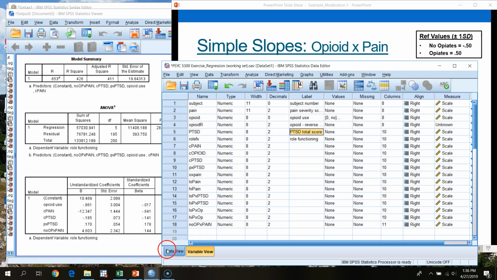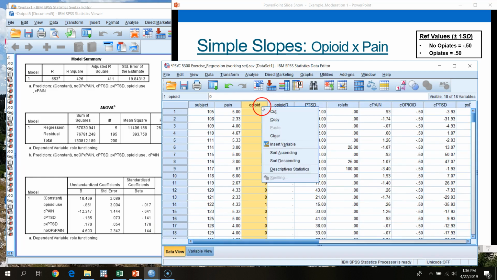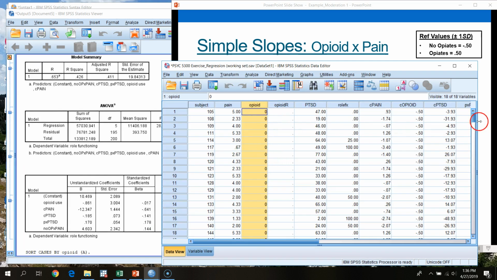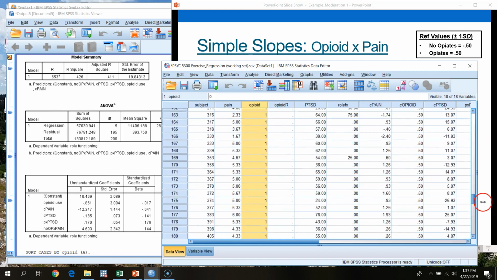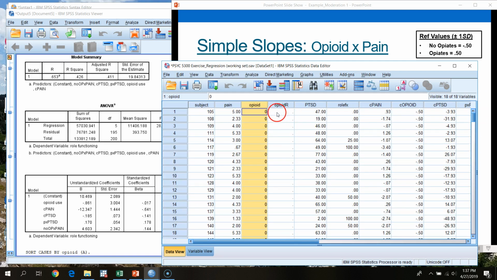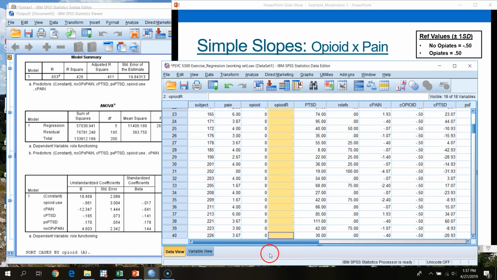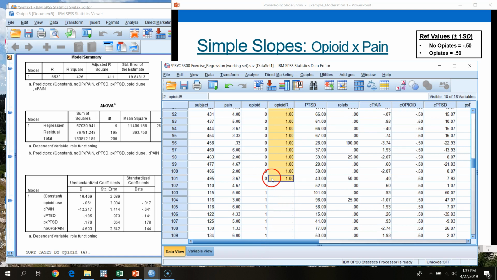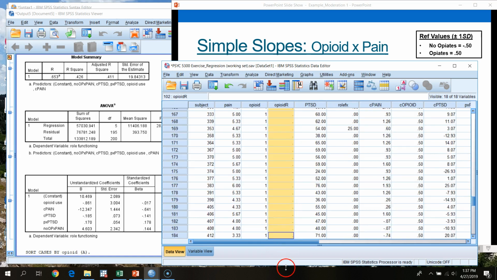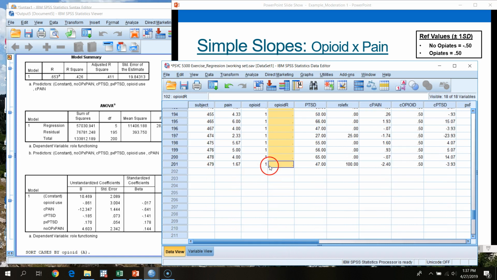And what I'm going to do is sort opiate use, and now I'm just going to reverse this around. So I'm going to enter a value of 1 for everybody who's not using, and a value of 0 for everybody who is using.